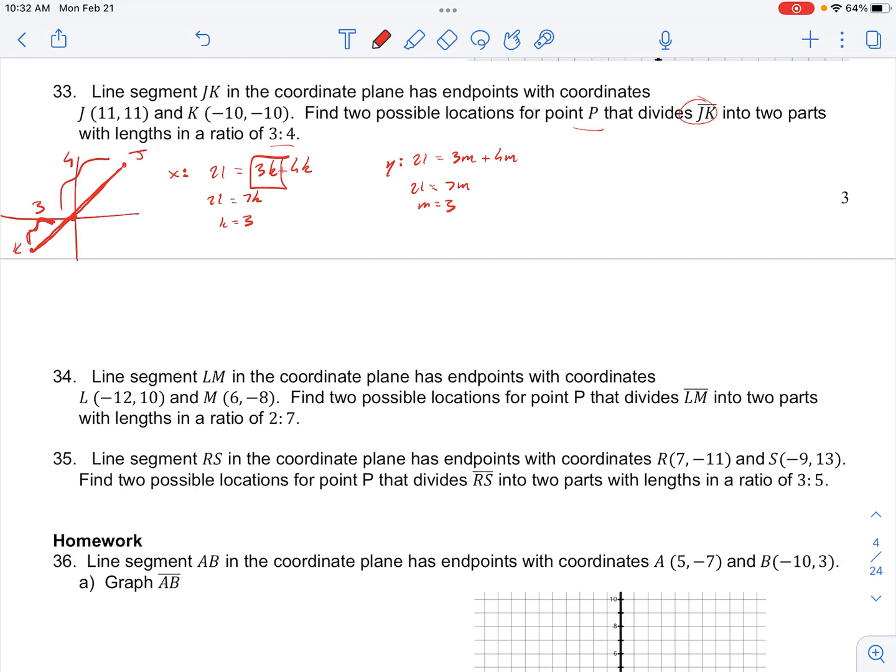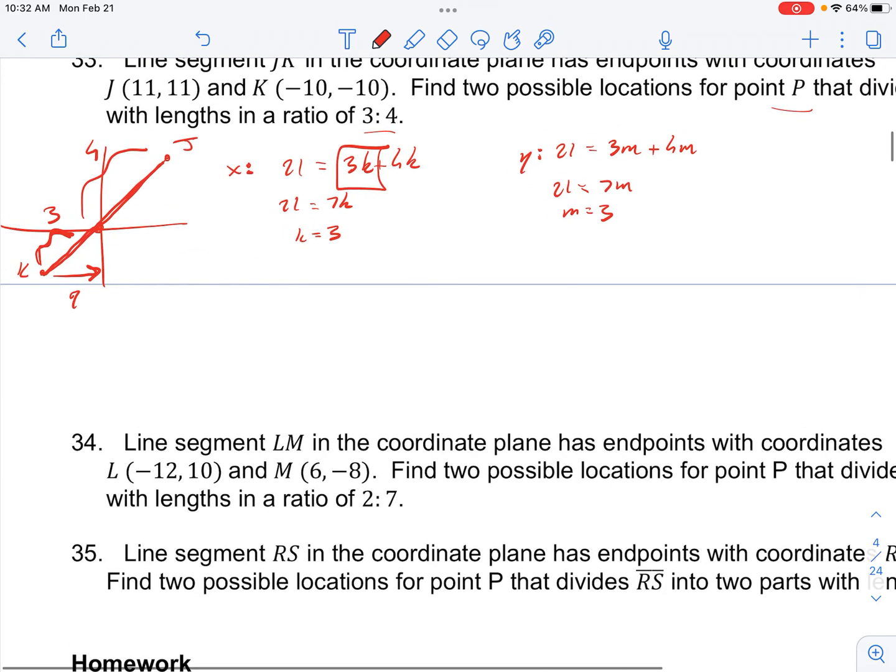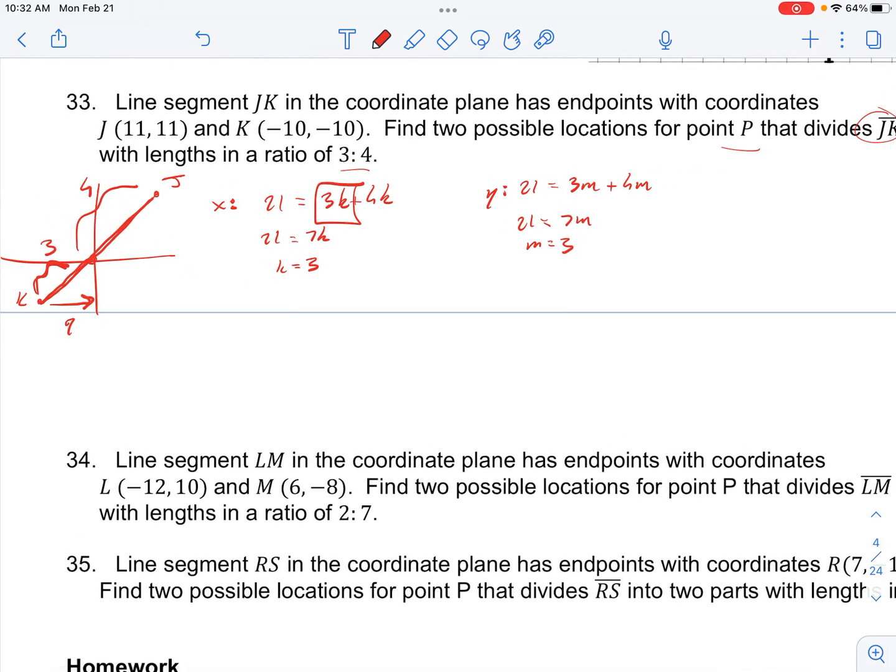So extending from K, we travel a distance of 9 in the x direction. From K, that'll get us to -1, because K was at -10, -10, so just adding 9 brings us to -1.